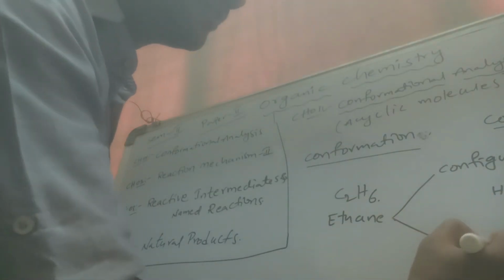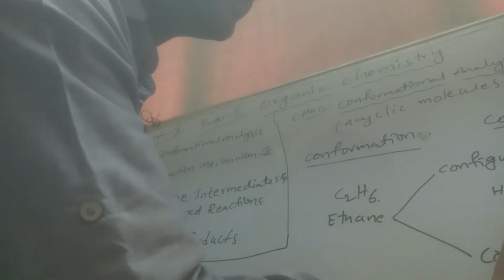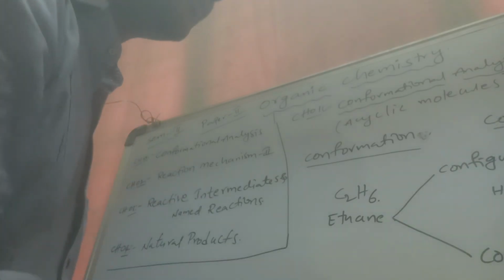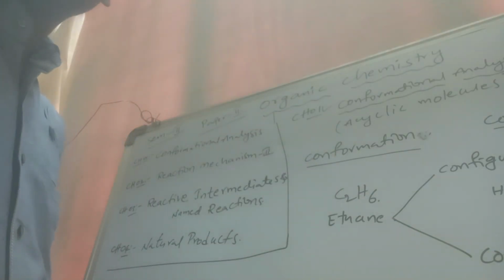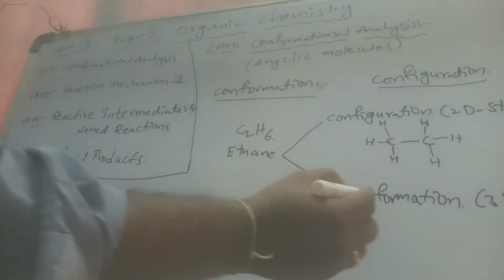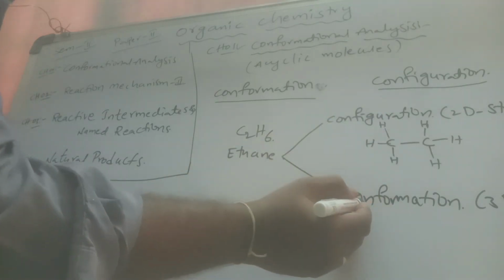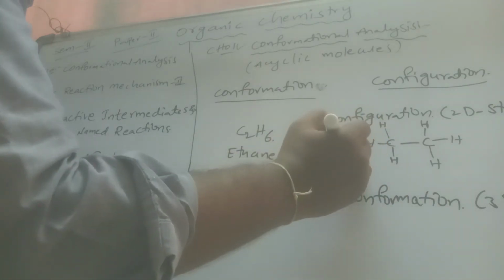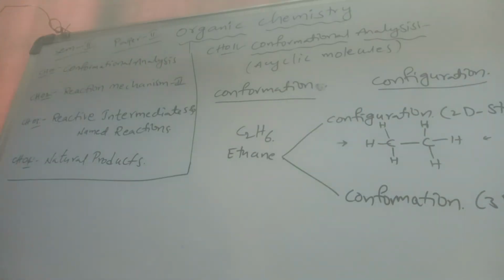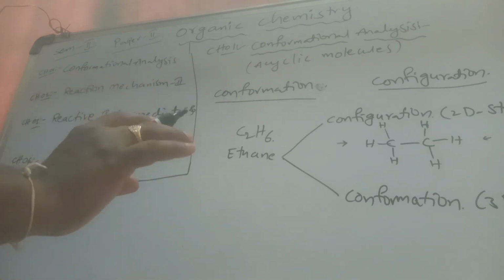Now we go for the conformation. Conformation looks based on the configurational structures, but the way of writing conformation is a 3D structure. Based on the 2D structure we can write the conformational structures. We can observe carefully like here or like here, whichever side we select.